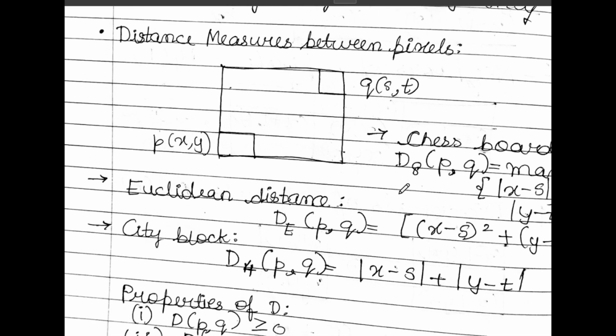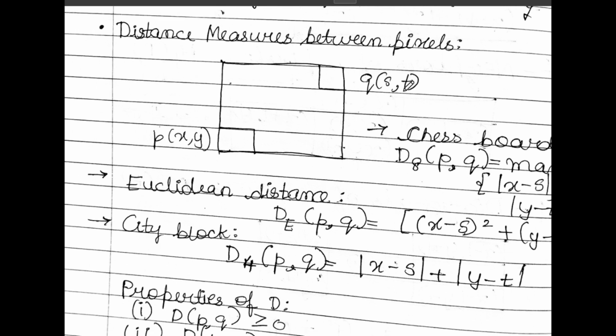Also, the distance measured between the pixels can be found out by using 3 different distance properties. The first one is Euclidean distance. Euclidean distance is represented by dE as a function of P and Q. Here you can see P has coordinates x and y, whereas Q has coordinates s and t.